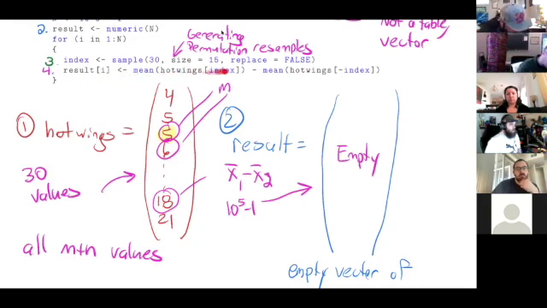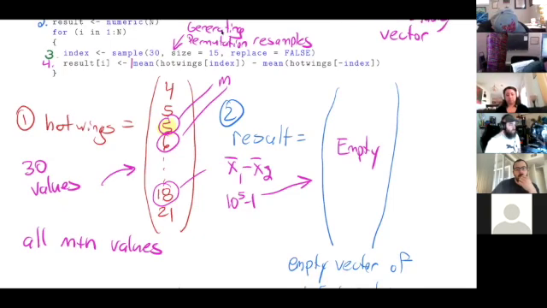And then this line of the code right here is going to calculate the difference in sample means based on that sample that we just created. This is going to create the mean out of all of the hot wing people that were selected.